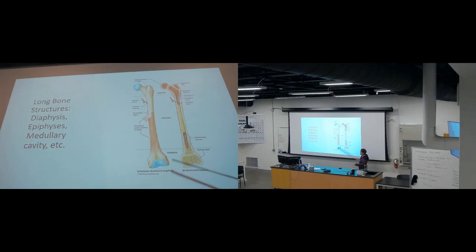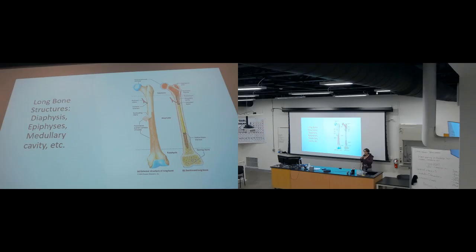Now, if you make a longitudinal section, or a section along the length of the bone, you can see the internal parts. So internally here in the epiphysis, you have spongy bone, which is a type of bone in which the cells, the osteocytes, are scattered apart.